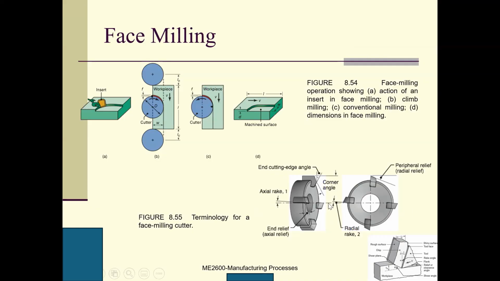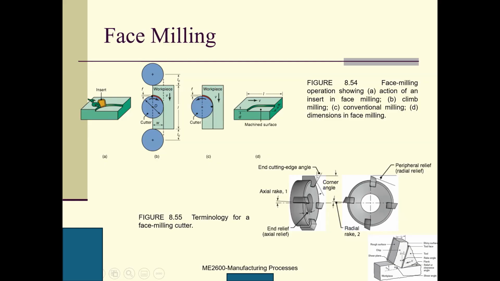This is the end relief, also called axial relief. Here is the end cutting edge angle. This is the axial direction, and here is the radial. This is the radial rake, and also the radial relief.